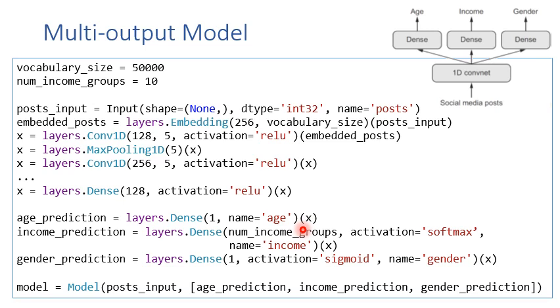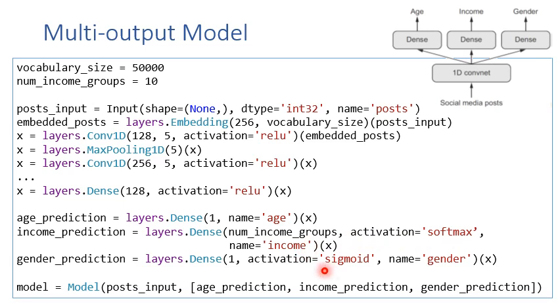Then we pass it to different dense layers. First, we pass the X vector to the age prediction, because age prediction is a regression problem, so we don't have an activation function. And the second is the income prediction, which is a multi-class classification problem. We have 10 classes, so we use a softmax function, and then we give a name to the tensor, which is income.